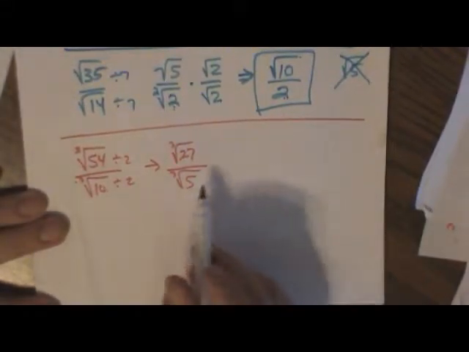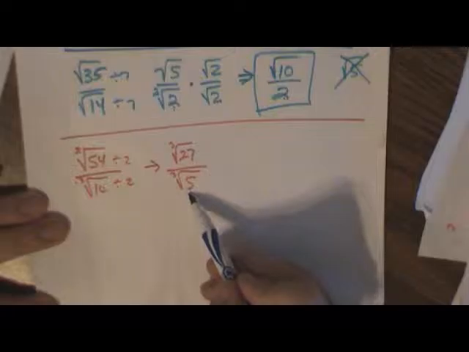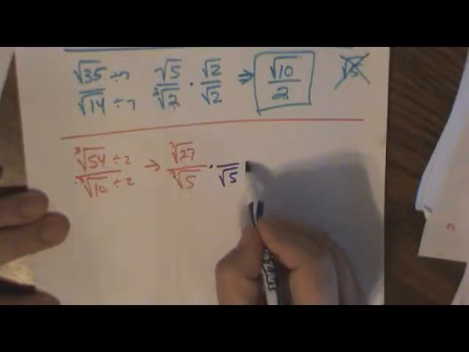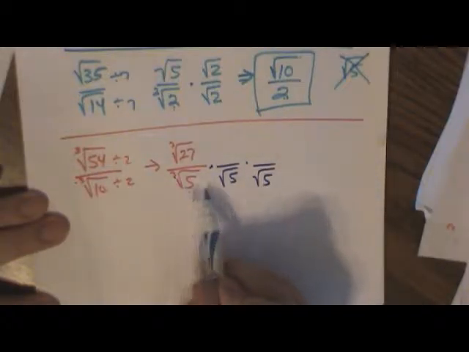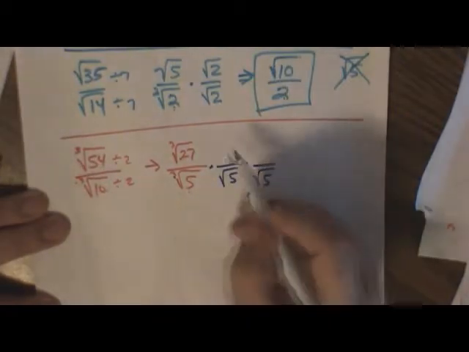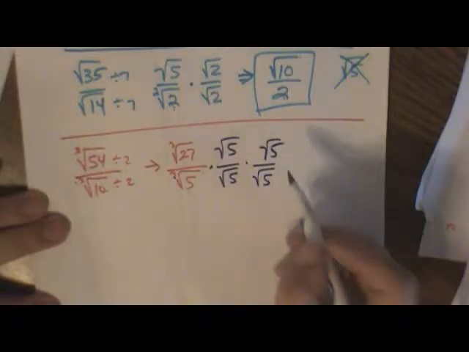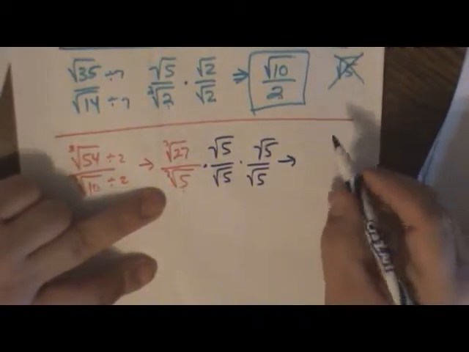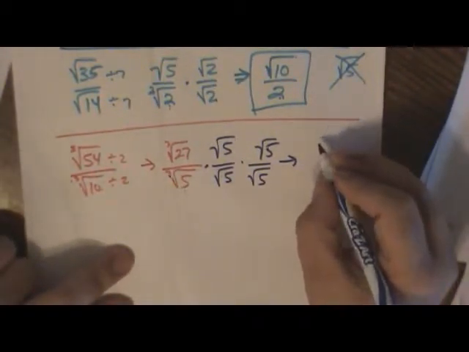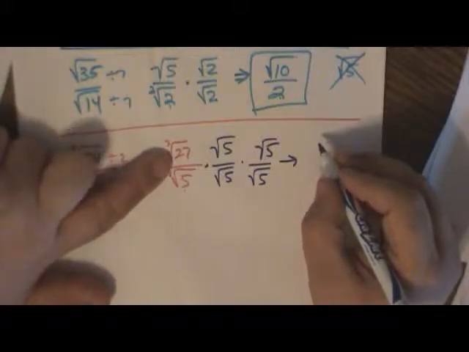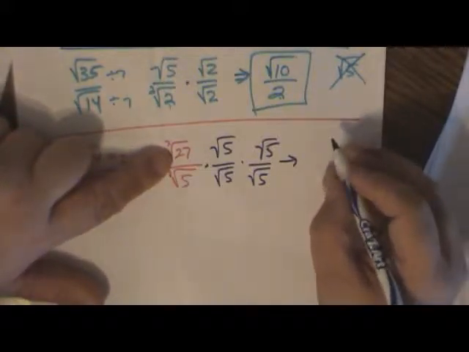This is kind of interesting because the index says we need 3 of these. So we're going to have to multiply by enough so that we have no more radical. We need 3 5s in order to pull one out. So we have to multiply twice. And this gives us the cube root of 27, which I just happen to know is 3, because 3 times 3 is 9, and 9 times 3 is 27.